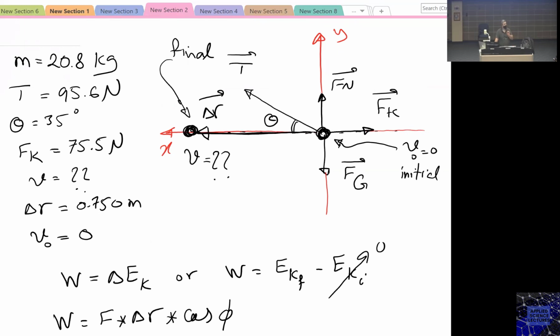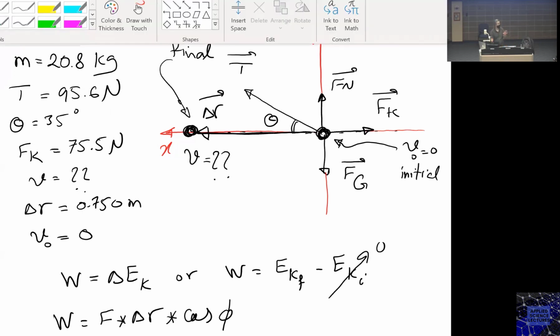The force that is responsible for the work, if you recall, is the force along the displacement motion. Is that right? So in this case, if I project this tension force that has an angle of 35 degrees with the horizontal, get its components on X and Y, I can tell which force is responsible for the motion.